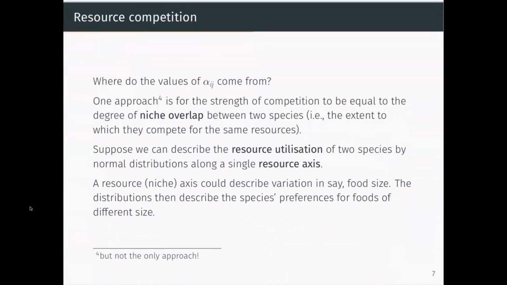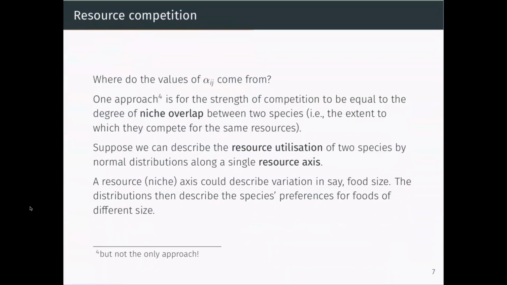Okay, so let's think about these values, alpha ij, a little bit more, and where they actually come from. There's some different ways in which we can set them up. We could just give them some parameters that we might get from observations of species interacting in the environment. There's a sort of mathematical way that we can think about constructing them, which relies on the concept of niches.